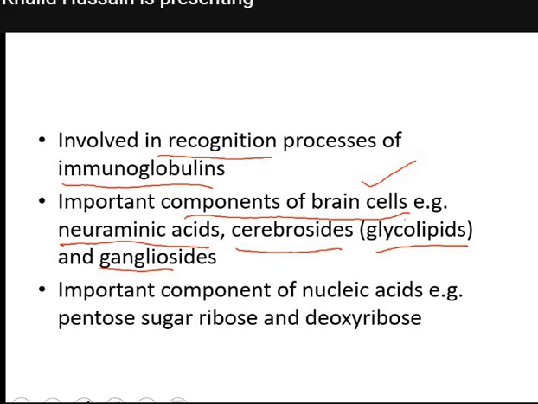For example, pentose sugars are found in nucleic acids: ribose and deoxyribose, meaning DNA and RNA. Deoxyribose is present in DNA, and ribose is present in RNA.